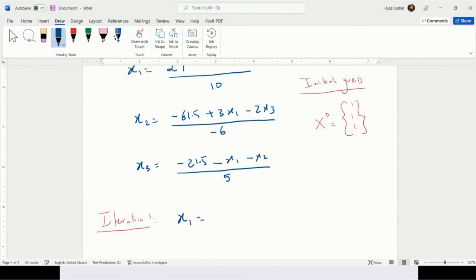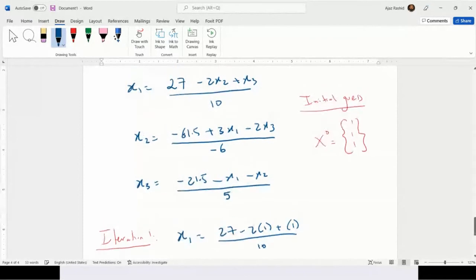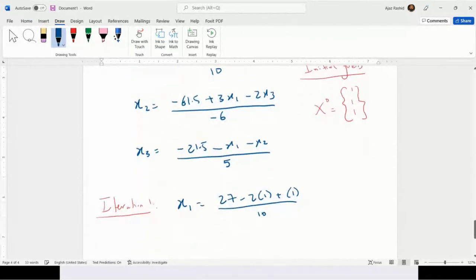X1 is equal to 27 minus 2 into 1 plus 1, so 27 minus 2 is 25 plus 1 is 26, divided by 10 is 2.6.